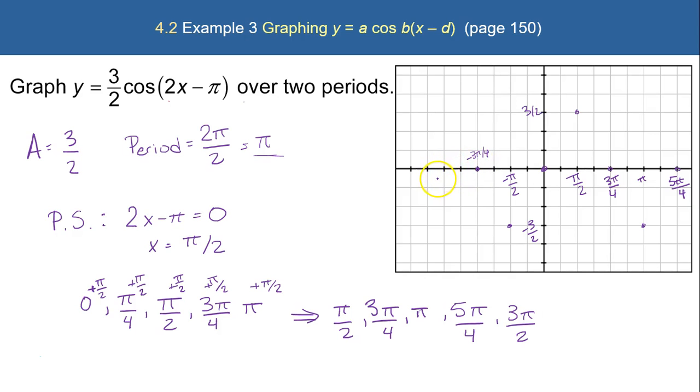And then let's keep on going. This is going to be negative pi right here. And it's going to be right there. Okay. So draw a smooth curve through all of those values. I'm going to go ahead and plot the last one right here. And that's my negative 5 pi over 4. Now let's see if I can draw a curve through all of those values.